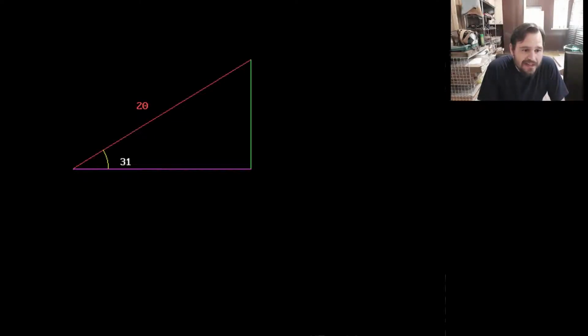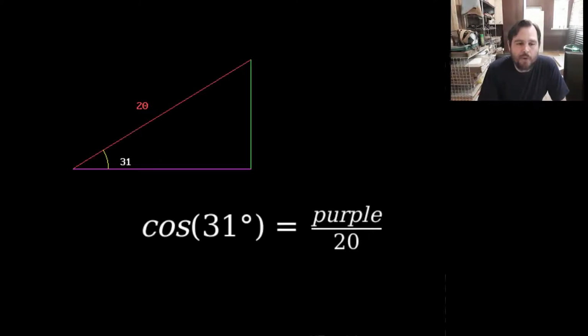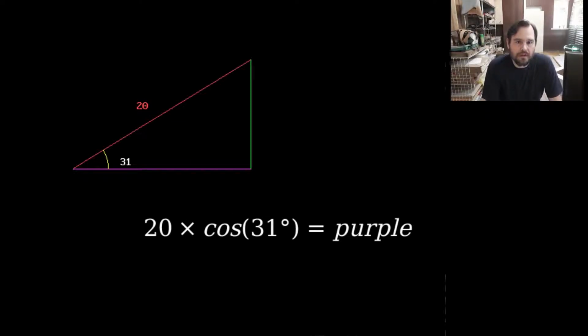So to get the length of the purple line, your horizontal component, we have to remember that the cosine of 31 degrees is equal to the adjacent, the purple line, over the hypotenuse, which is 20. So rearranging a bit, we can multiply both sides by 20, and we get 20 times the cosine of 31 degrees. And what does that equal to?